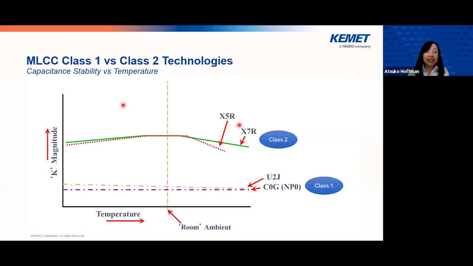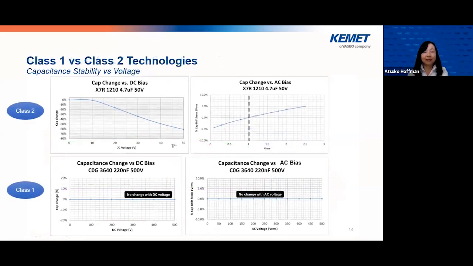As you can see in this graph, class 1 dielectrics have very, very stable capacitance, dielectric constant, over the temperature range, whereas class 2 dielectrics like X7R and X5R are stable, but not as stable as class 1 dielectric capacitors.